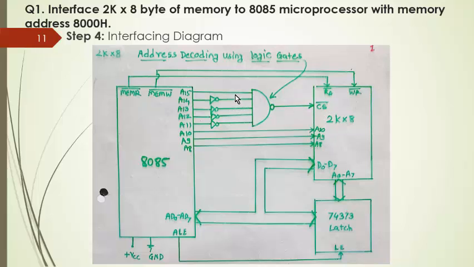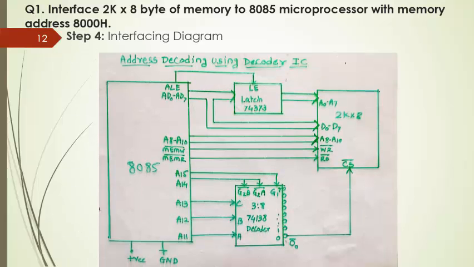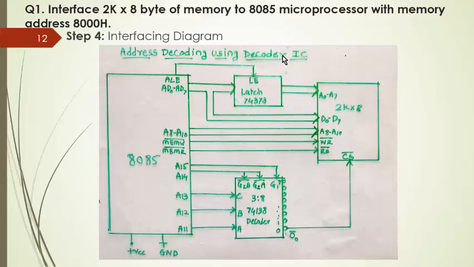Reading and writing both operations are possible with RAM ICs. So this is the complete interfacing diagram using address decoding with logic gates, or chip enable signal using logic gates.